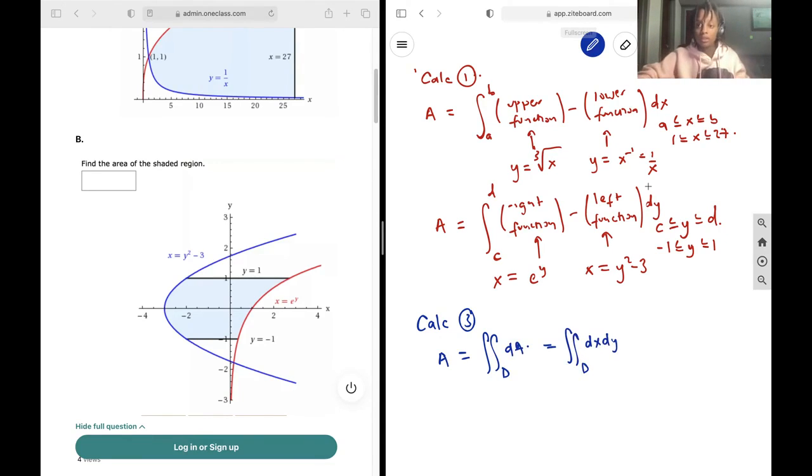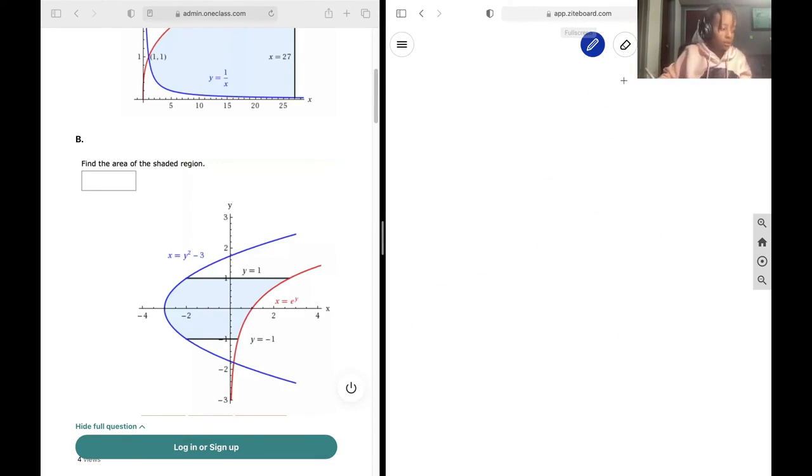And so now let's use them so that you have a better understanding of what we mean. And so for A, let's start with the Calculus 1 method.